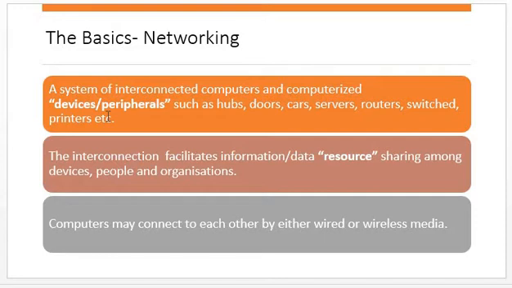So it means these devices have some ability to communicate over a network. So they have some computerized part of them that enables them to communicate over a network, which means if it's closing and opening a door, there has to be some computerized circuitry that can send communication signals over a network.